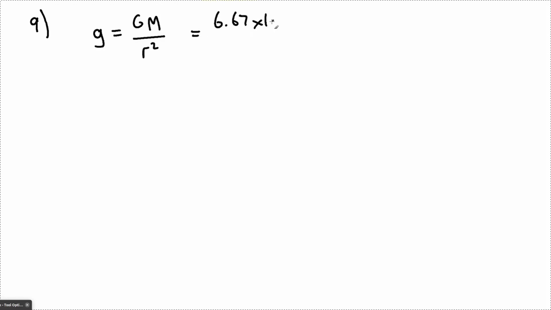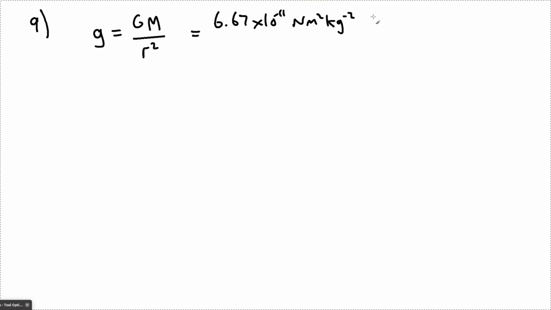Now we know g is 9.81 Newton per kilogram at the Earth's surface, so let's work out what it is 10 kilometers above. We know the gravitational field strength of the Earth or any object is given by g equals Gm over r squared, where G is the gravitational constant. We know that big G is 6.67 times 10 to the minus 11 Newton meter squared per kilogram squared.